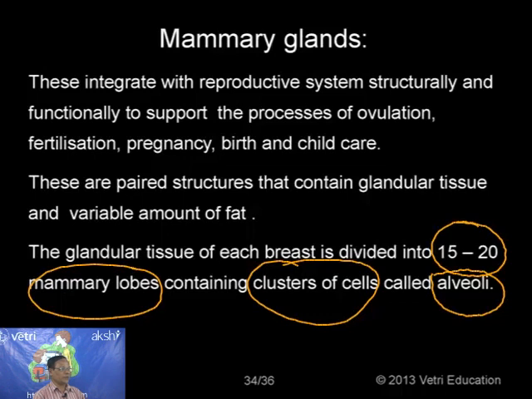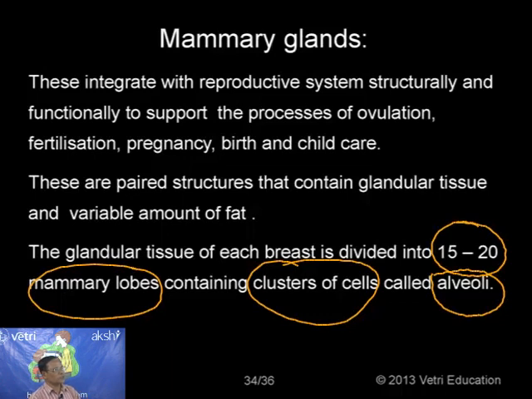All these structures together form the mammary gland. Now, the mammary glands are examples of apocrine glands. In apocrine glands, the secretions are collected at the tip of the cell. The cell is budded off at its tip, and the secretions are released. That's the nature of apocrine glands. So the mammary glands are apocrine glands in secretion.